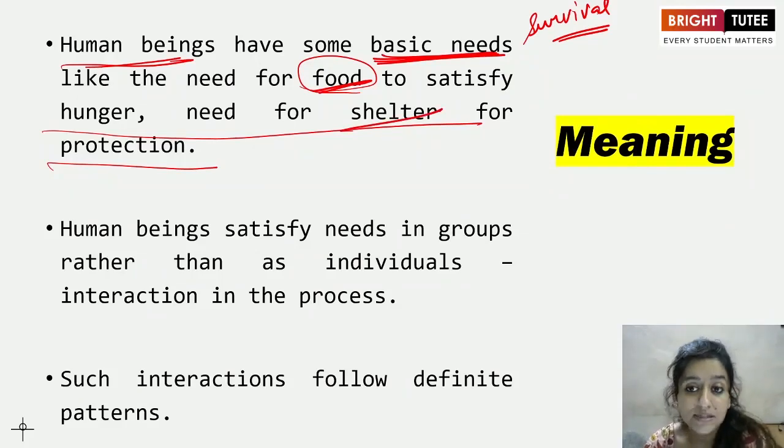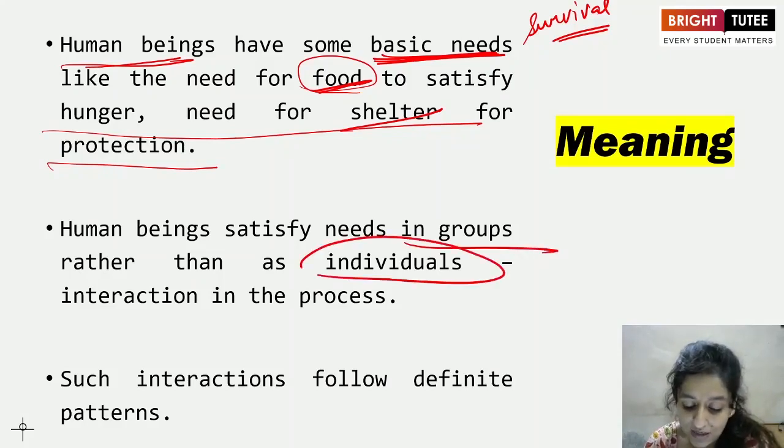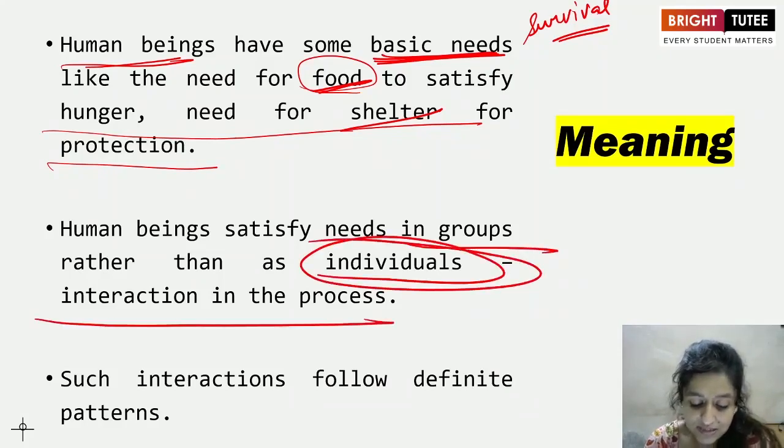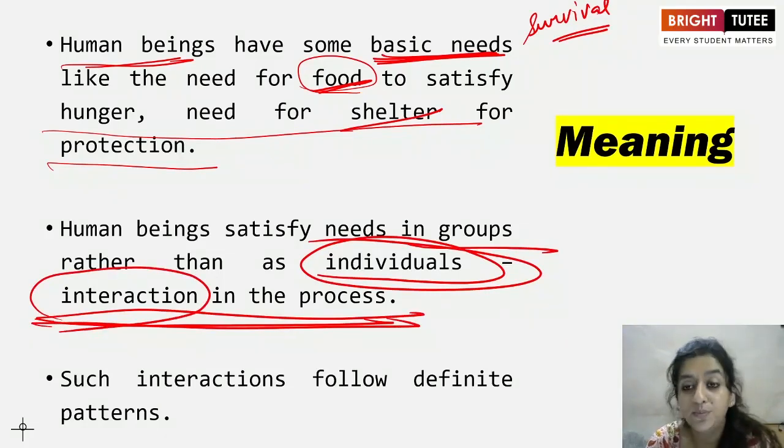Now, human beings satisfy needs in groups rather than as individuals, and there is interaction involved in the process. We as individuals are not always in the position to fulfill all our needs for ourselves.